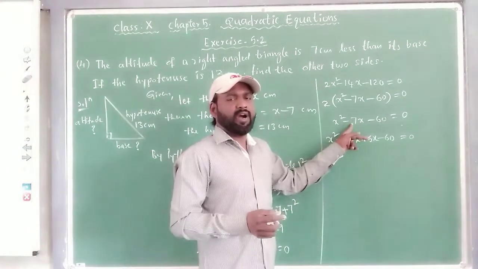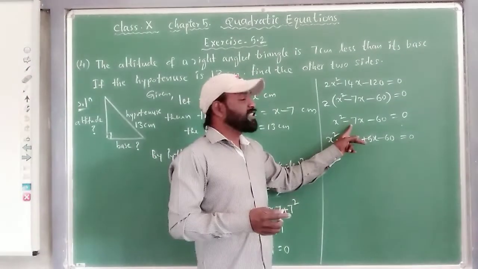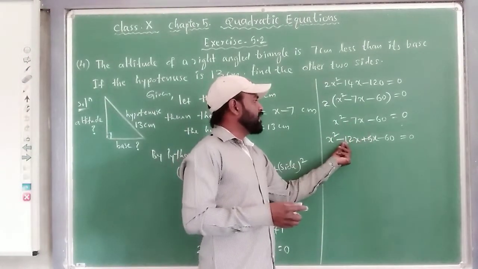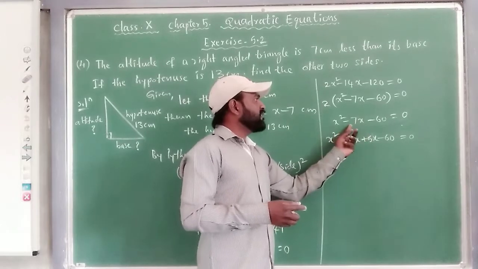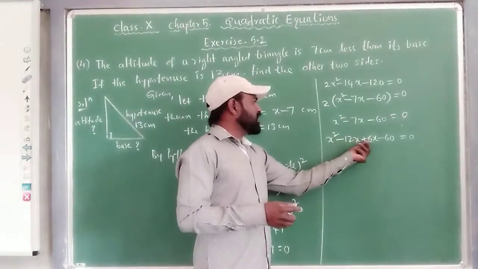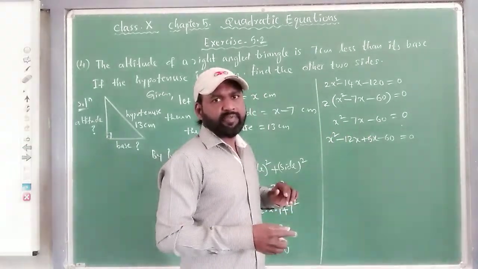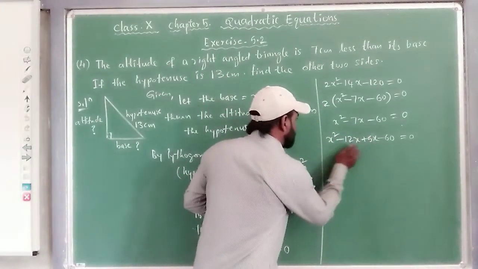Along with the sign, you have to be very careful regarding the sign also. So like that, I choose here 12 and 5. Minus 12x plus 5x will be minus 7x. And minus into plus is minus, 12 into 5 is 60, x into x is x square. So it is satisfied now. Now let us take common from these two terms.